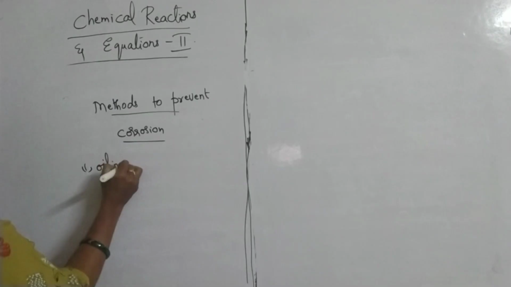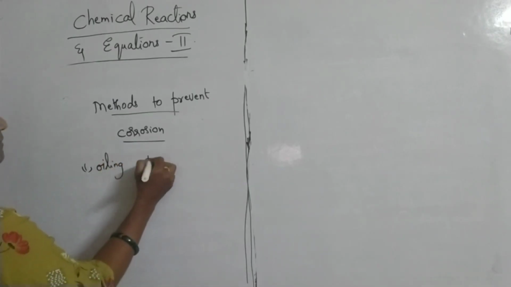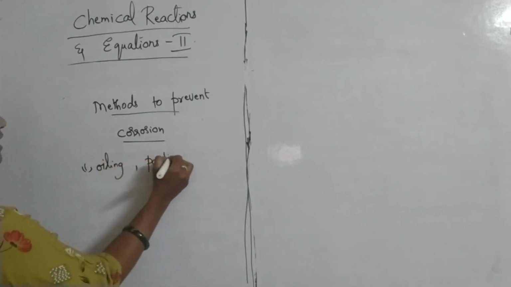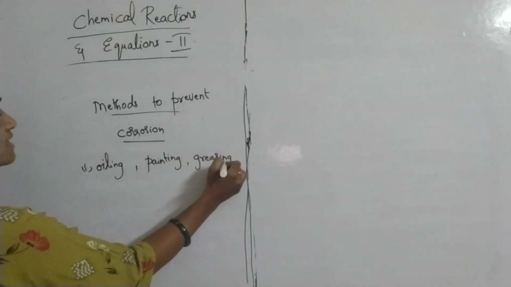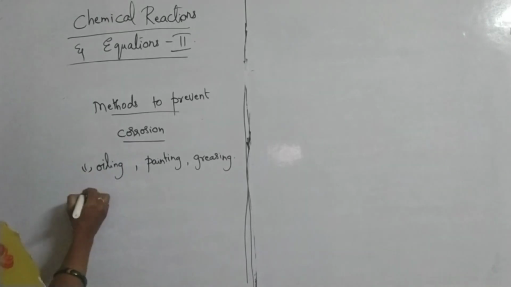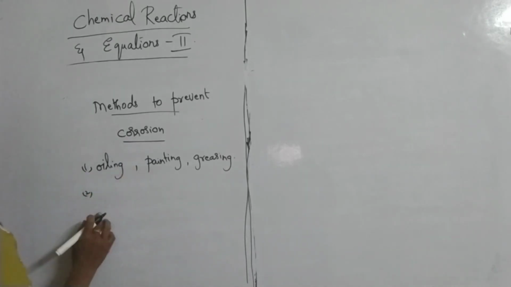All these are general normal methods. You are applying grease so that corrosion gets reduced. So general methods are these.